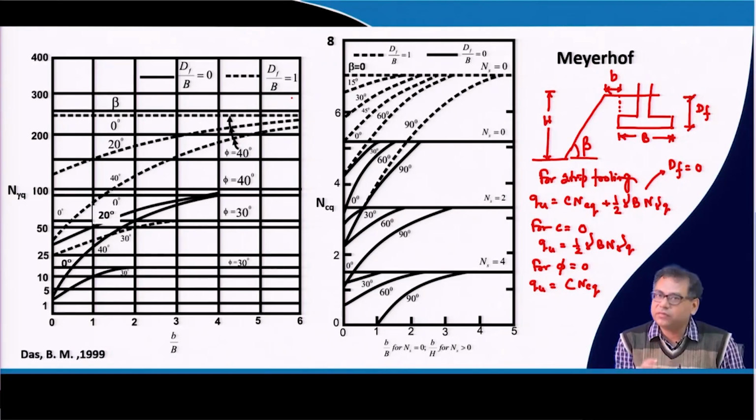So you can use it for any depth if the depth is within the width of the foundation, clear.